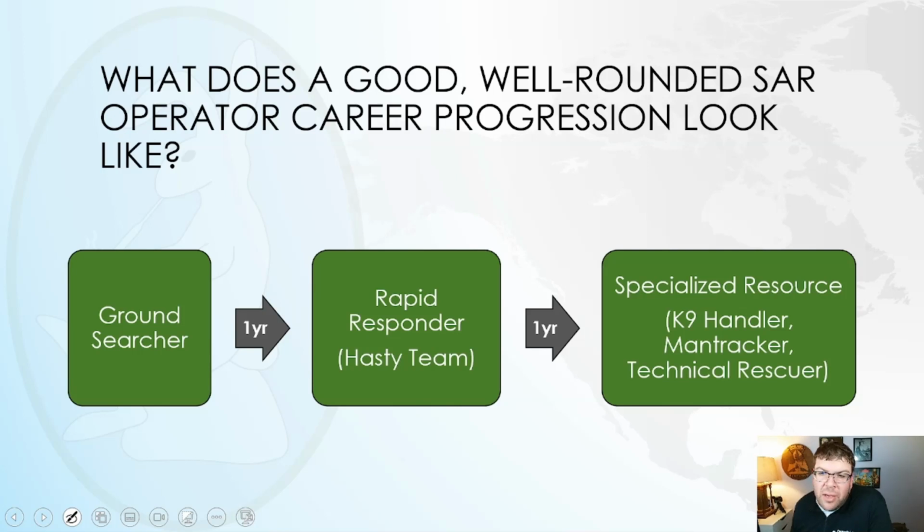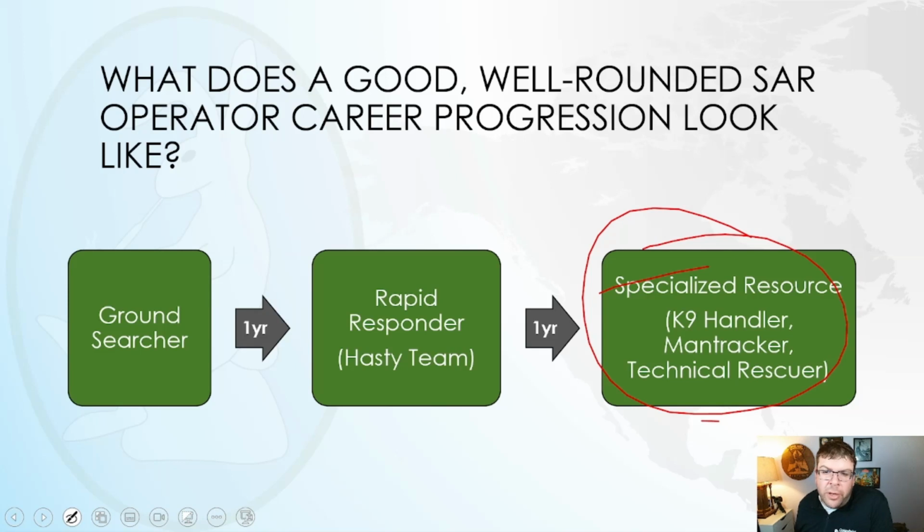Sometimes if you have someone that's exceptionally talented, or there's a need on a team to develop this right away, it makes a lot of sense to jump straight to that, or to bring that on board. But if you go onto a team that's been around, established, and you're wanting to break into this the right way, you would spend about the first year that you're there operating as a ground searcher, just getting an understanding of what search and rescue is.